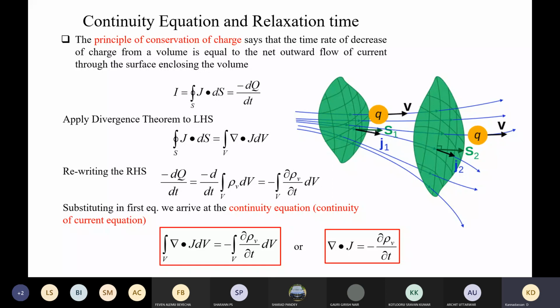We also discussed the continuity. The continuity equation is derived based on the fundamental idea of the conservation of charges, therefore the flow is always uniform throughout the structure, and thereby the inward current is equal to the outward current flow.